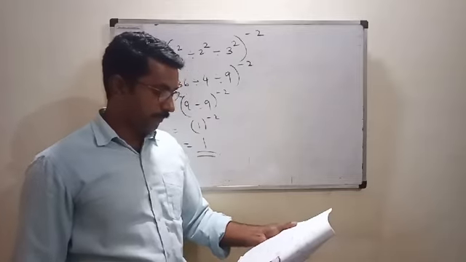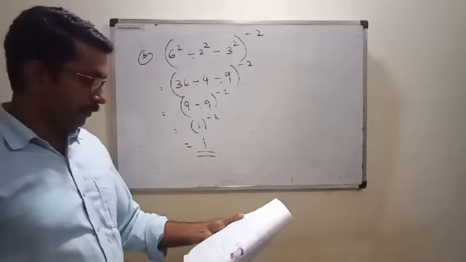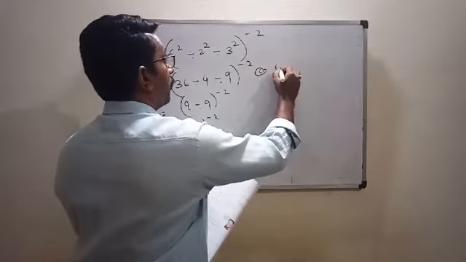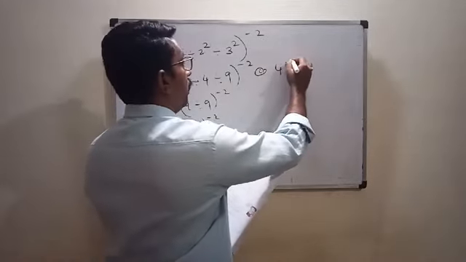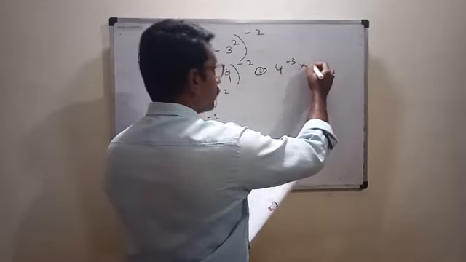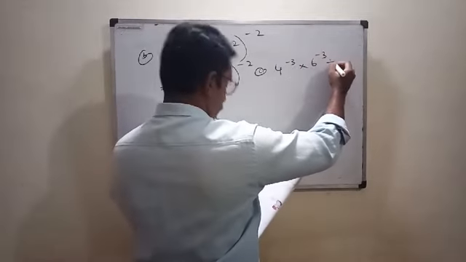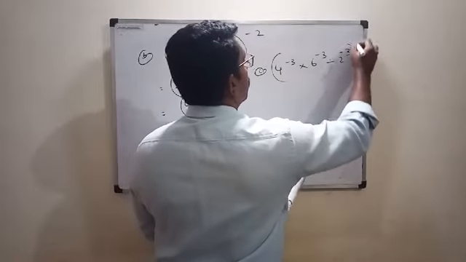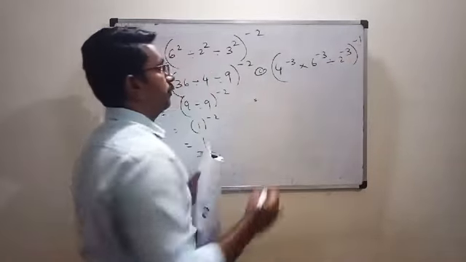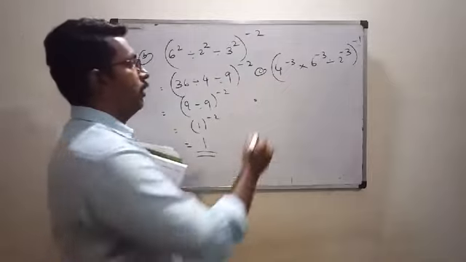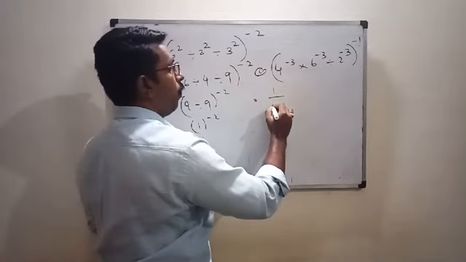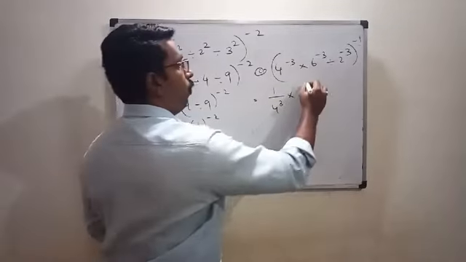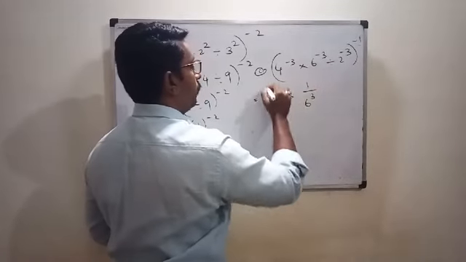Next one is question number c: 6 to the power minus 3 divided by 2 to the power minus 3 to the power minus 1. 4 to the power minus 3 is 1 by 4 cube, into 6 to the power minus 3 is 1 by 6 cube.